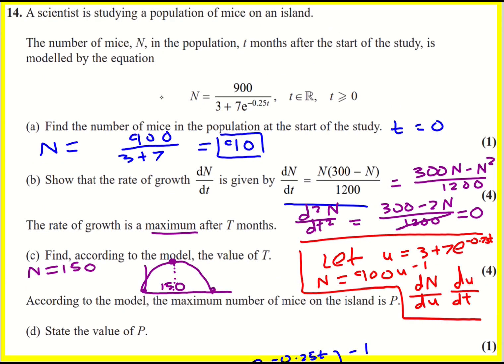So now we put 150 into here. This is still part C, continued. I'm just sorry, I'm kind of moving around all over the place because this is where the equation is. So 150 is 900 over 3 plus 7e to the minus 0.25t.